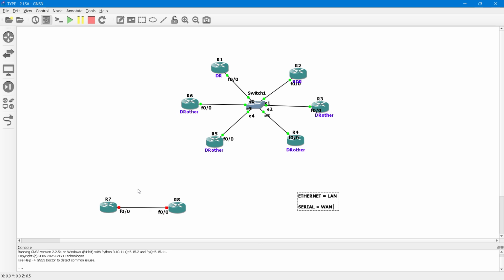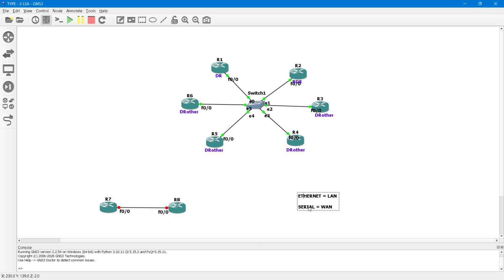But Ethernet has the inherent property of broadcasting, so in that broadcasting the DR and BDR come into play, but not in the serial ones, because their inherent property is point to point.